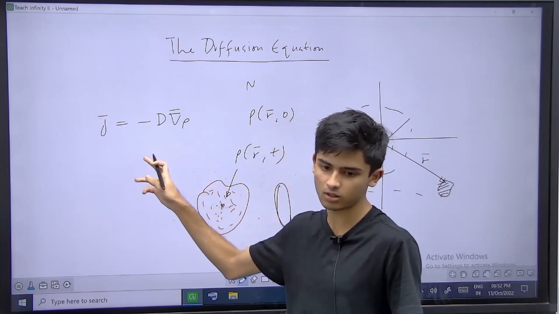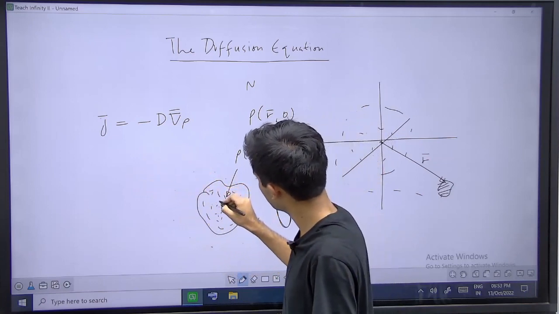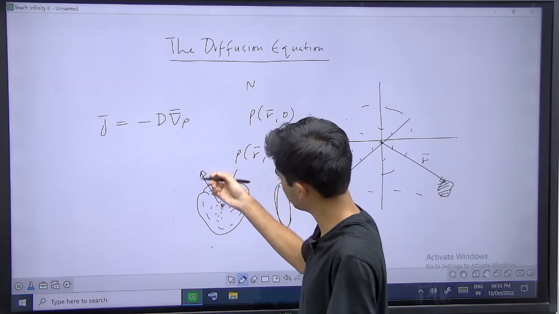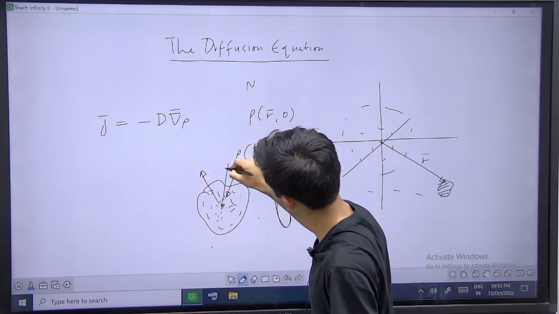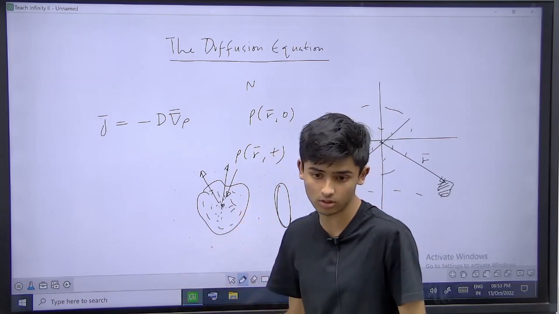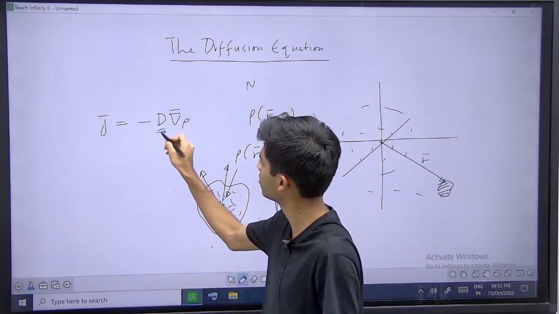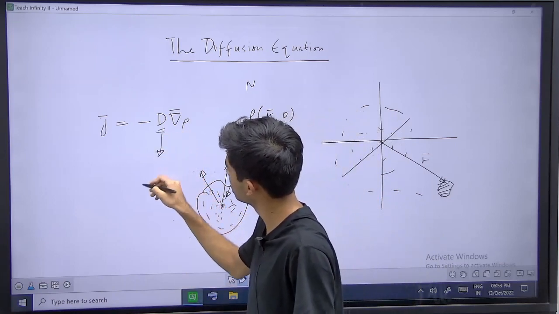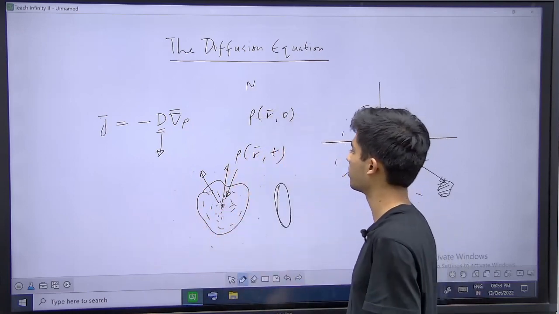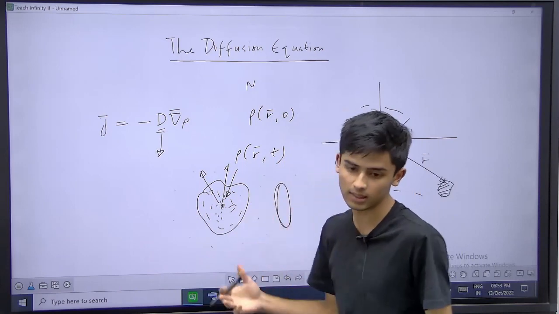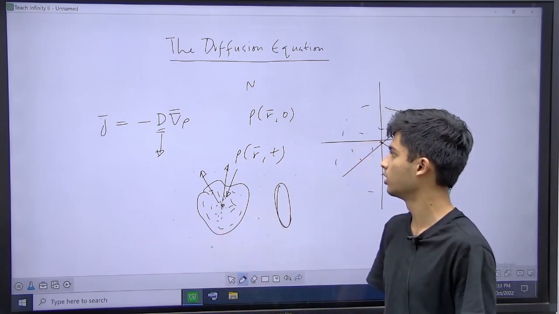And what Fick's law says is that how the particles will move, that is the particle flux, is simply going to be in the direction opposite to the gradient and proportional to the gradient, and the proportionality constant is D, and so D will roughly determine how quickly or how well these particles will diffuse.